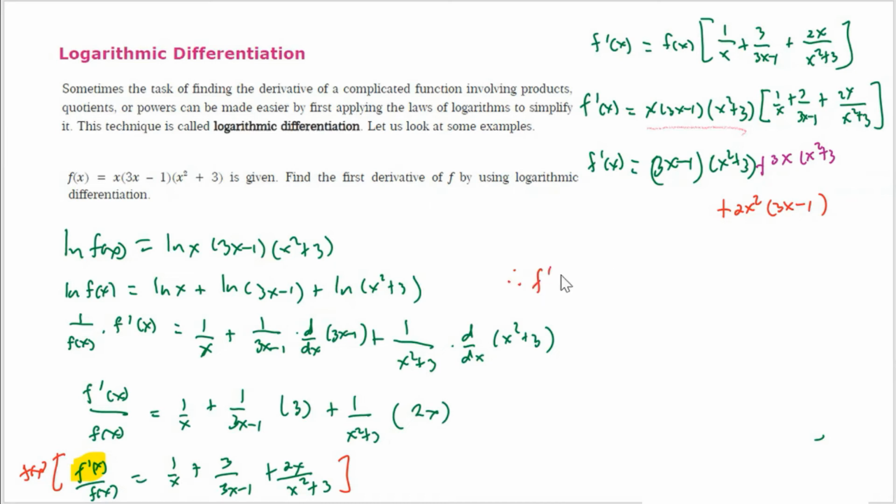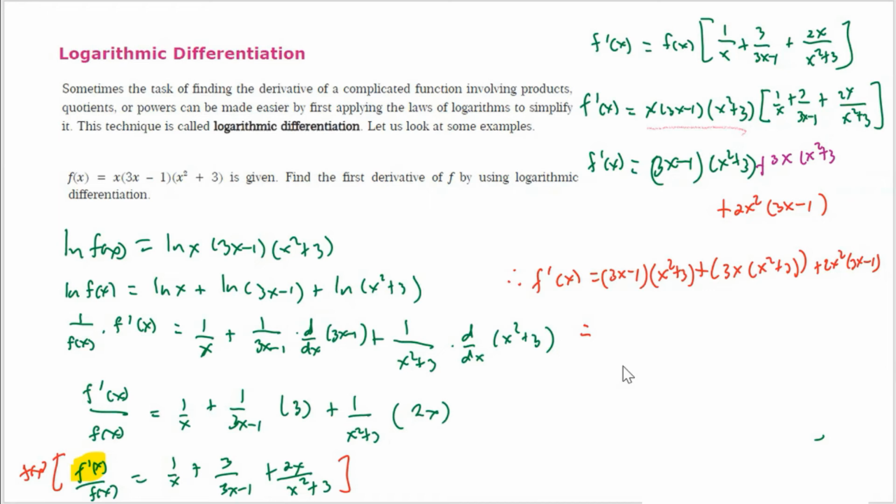So I will just rewrite it here to expand our final answer. So we have f prime of x is equal to 3x minus 1 times x squared plus 3, plus 3x times x squared plus 3, plus 2x squared times 3x minus 1. It would be okay if you're not going to use the distributive property, but if you want, we can do it further.